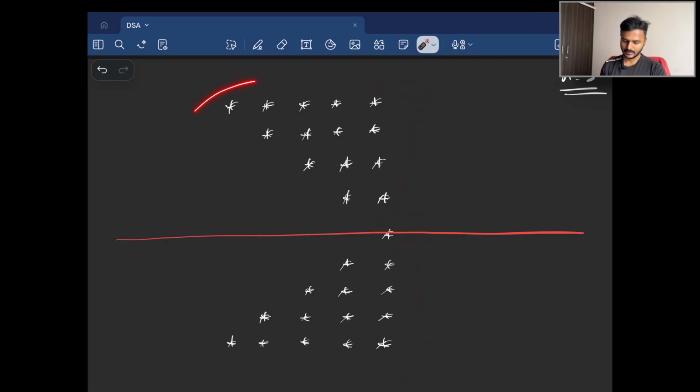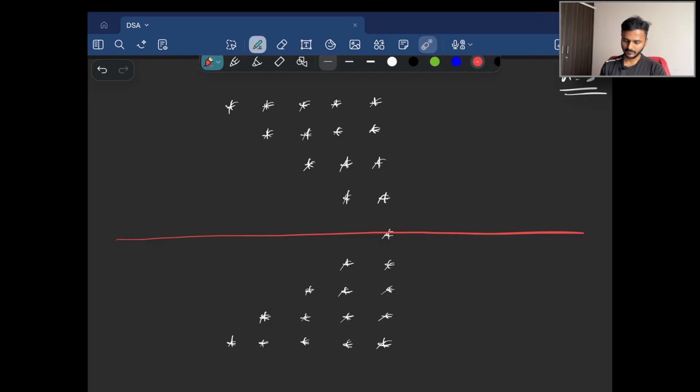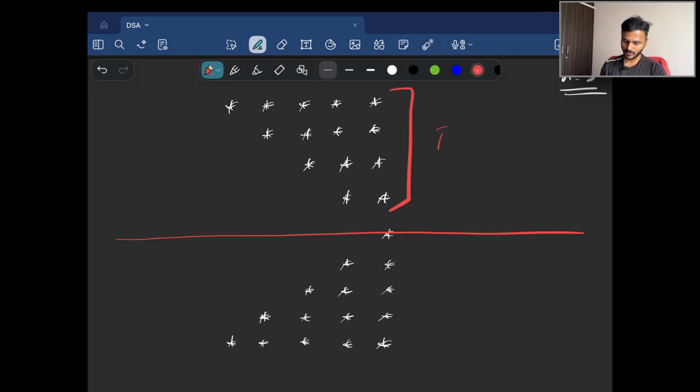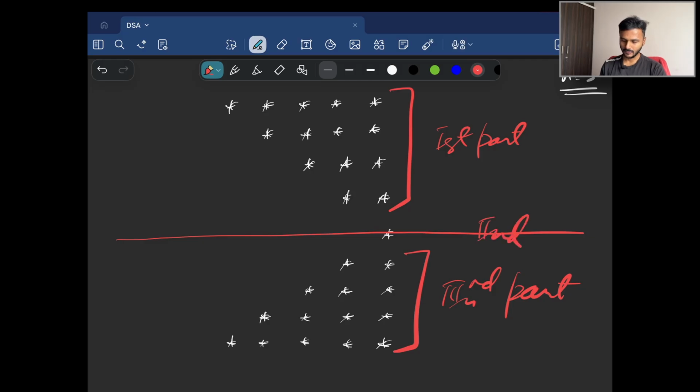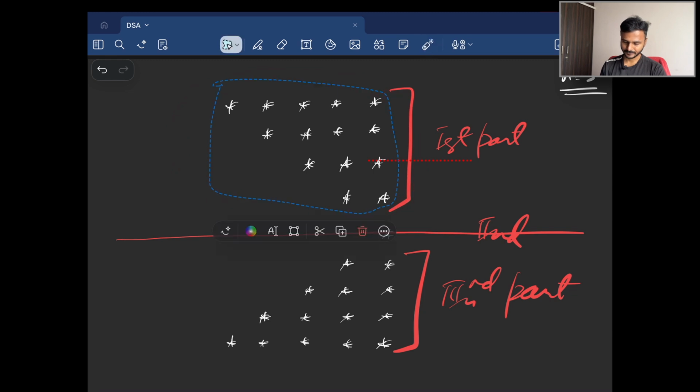And as you know, these two parts are symmetrical to one another. So we're going to find a solution of the first part and use that to find the solution of the third part, right? The second part is pretty simple. So let's get to work and find the solution of the first part.